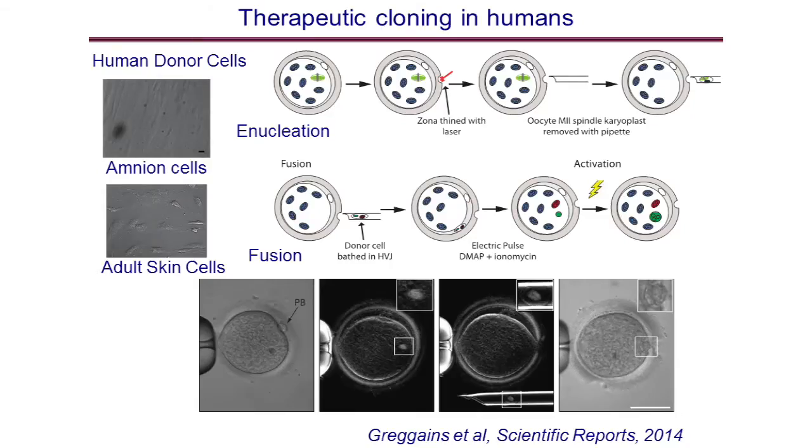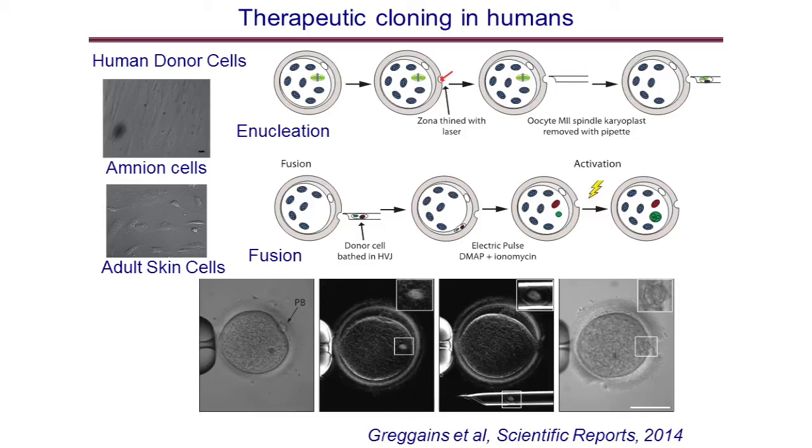We go in, remove the spindle, and then fuse this somatic cell with the egg. So you get a reconstituted egg consisting now of the nucleus of the somatic cell and mostly mitochondria from the donor egg. This is then activated, and we can trigger onward development.